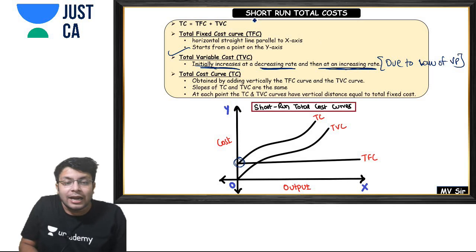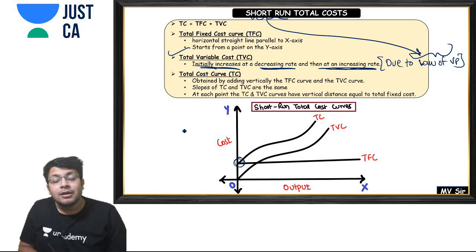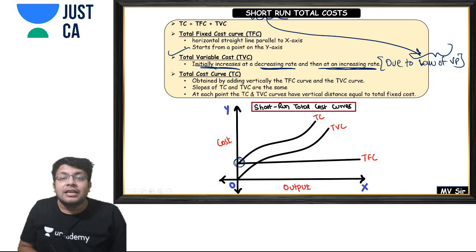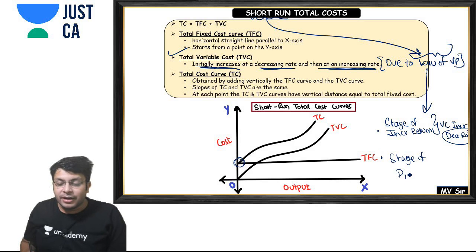As you know, in the short run, the law of variable proportion functions. So what happens over here? Initially, when you are in the stage of increasing returns, your variable cost increases but at a decreasing rate. Then the second stage is the stage of diminishing returns.